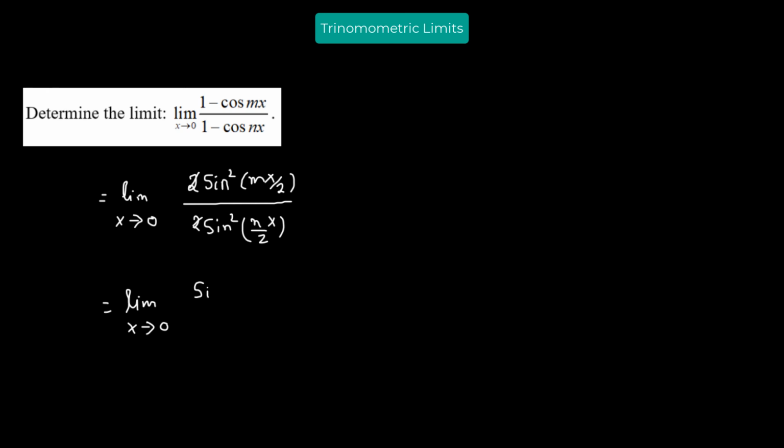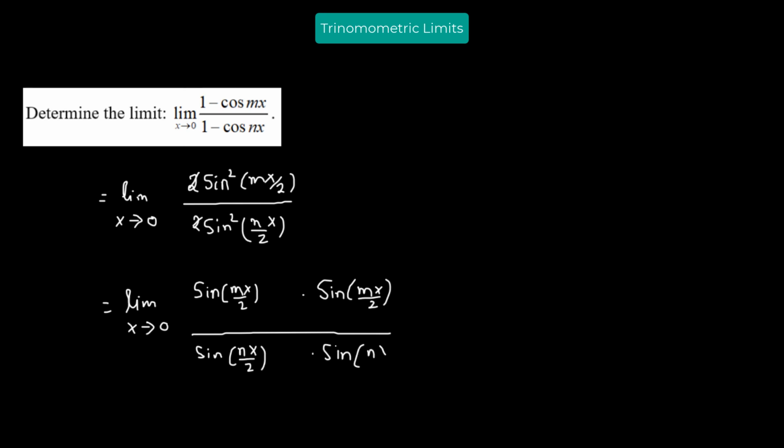That means we have sine of mx over 2 times sine of mx over 2 divided by sine of nx over 2 times sine of nx over 2.